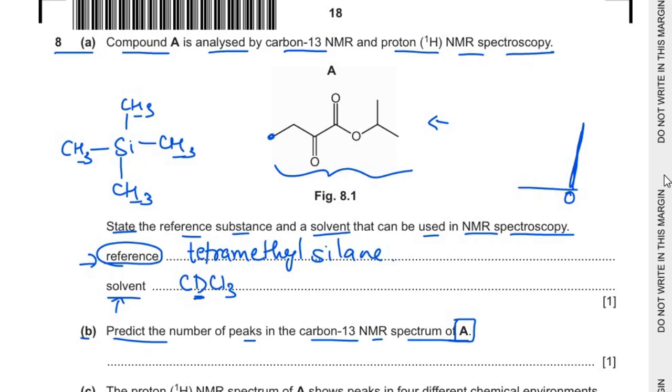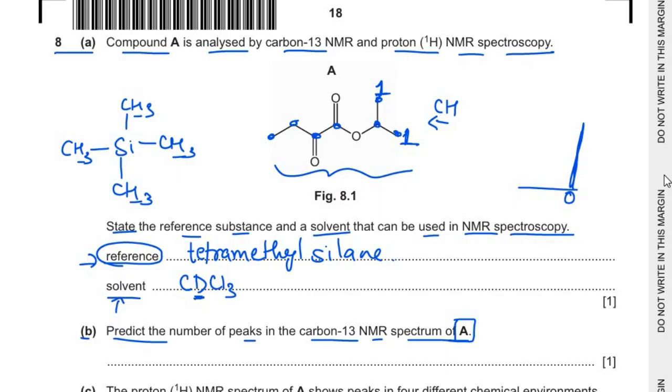This is 1, 2, 3, 4, 5, 6 and 7 carbons we have in compound A, but we can see that the carbon here and here, these two carbons, are in the same environment because they both are bonded to CH, which is further bonded to oxygen. So these two carbons are in the same environment, so it's going to produce just one peak.